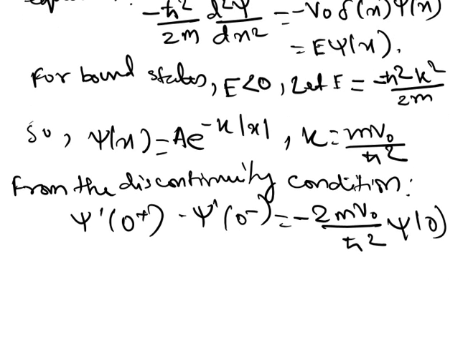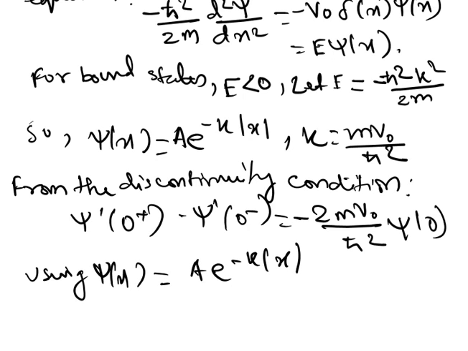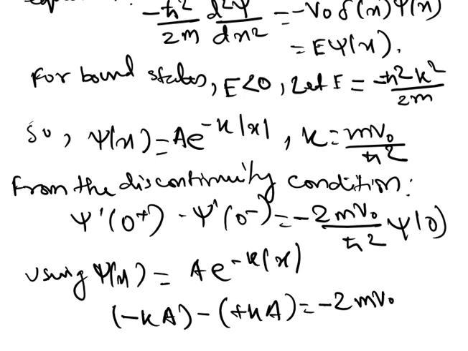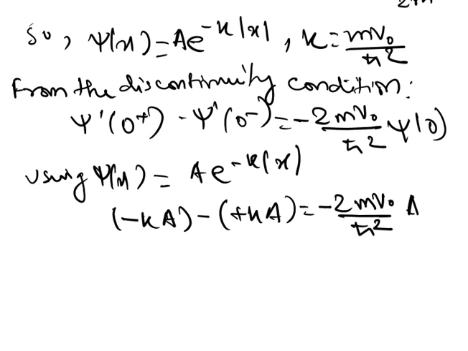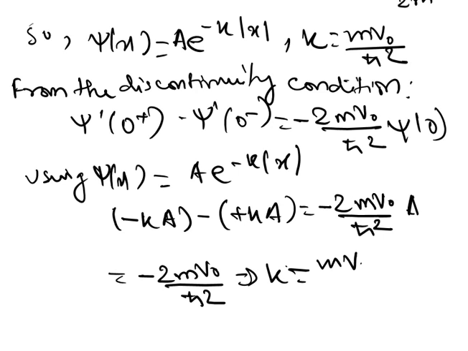Then using psi x equal to A e to the power minus k mod x, we can write minus kA minus of plus kA equal to minus 2m V0 by h cut square into A, or k equal to m V0 by h cut square, right?